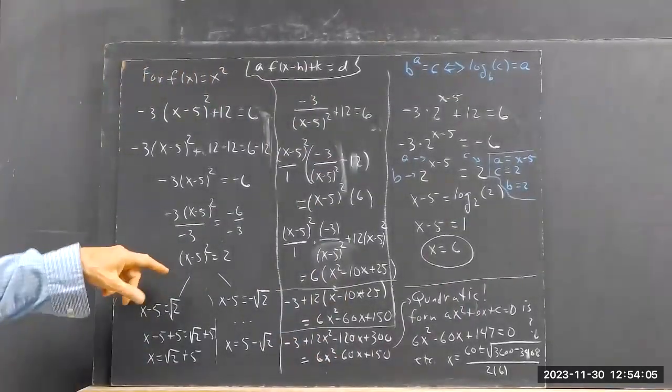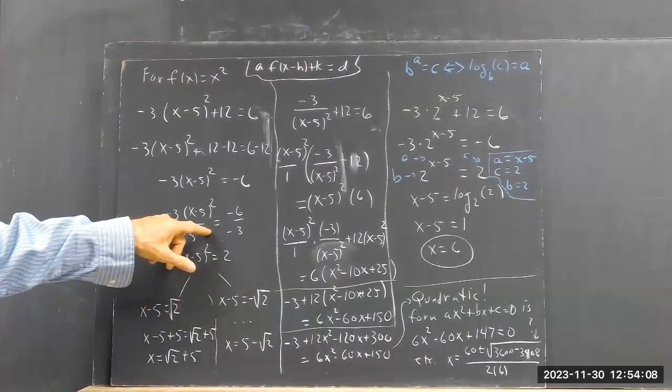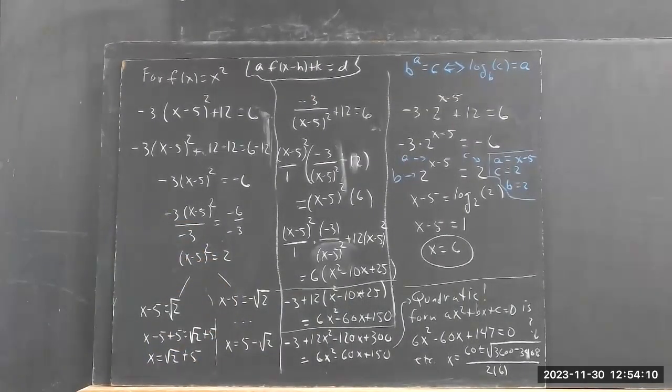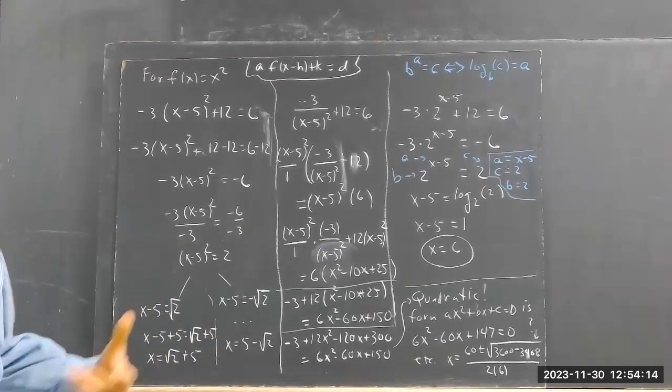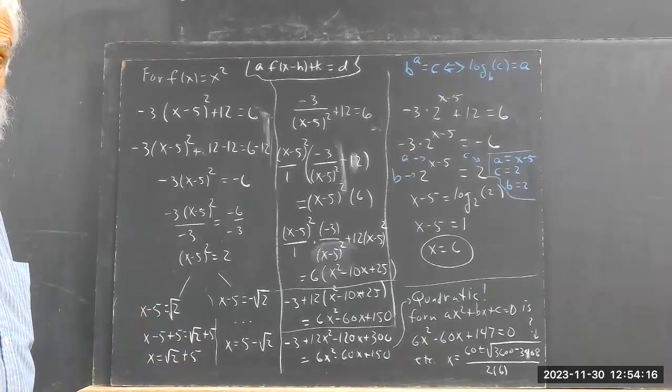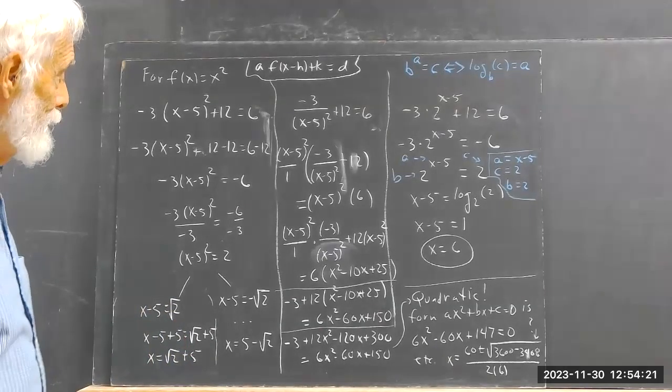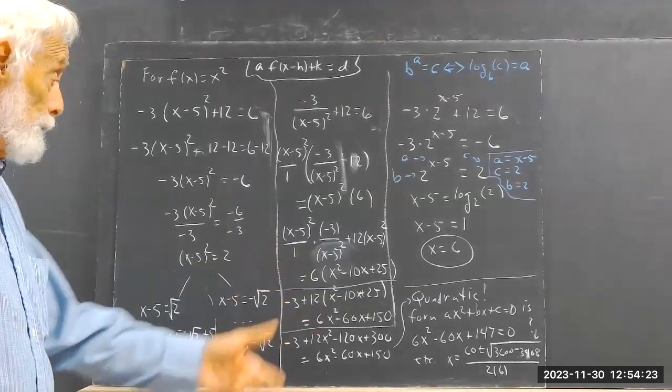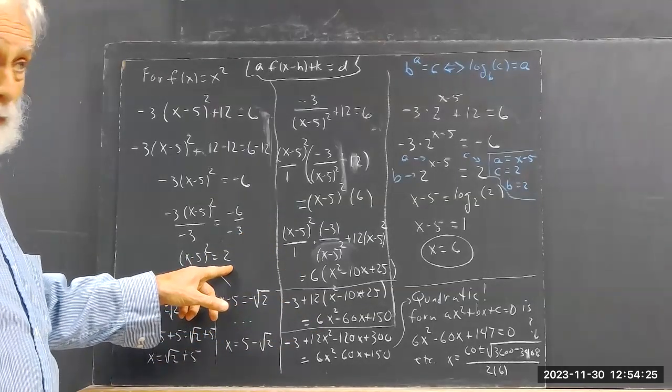In any case, what do you do when you get down to (x minus 5) squared equals 2? Well, your reflex is probably to take the square root of both sides. But you have to understand that the negative square root of this side will also give you a solution, right?